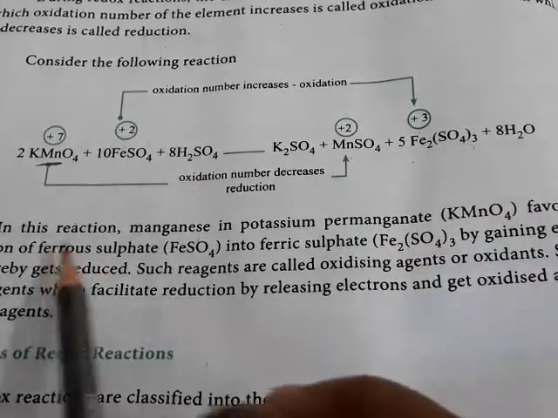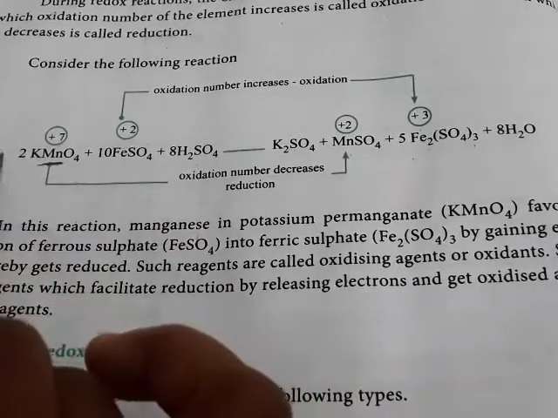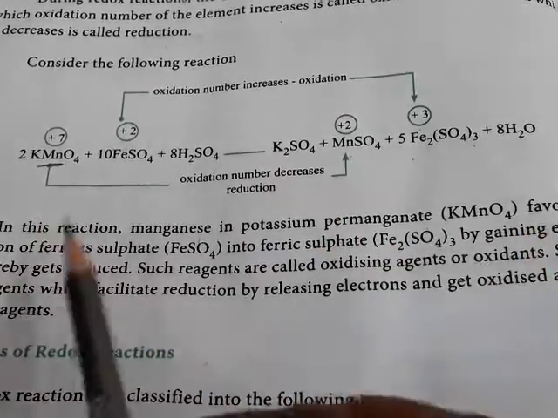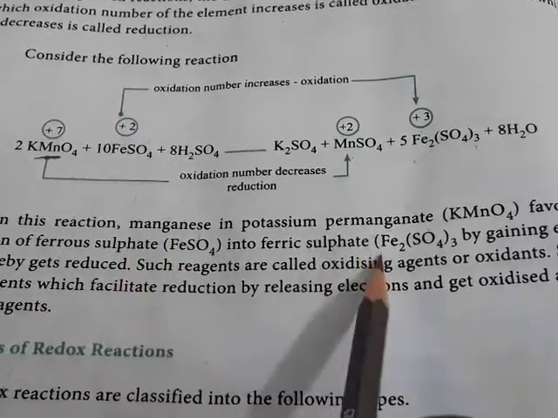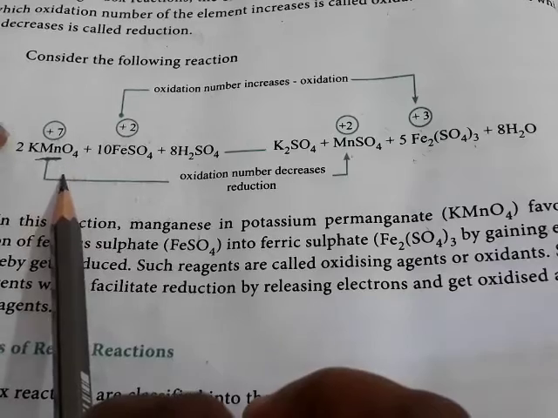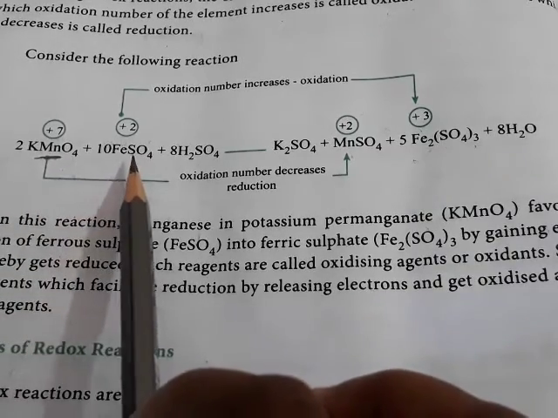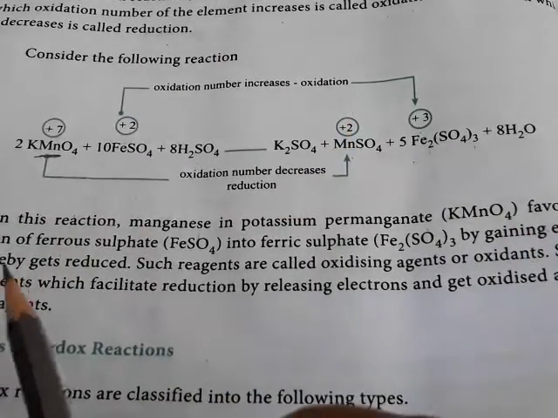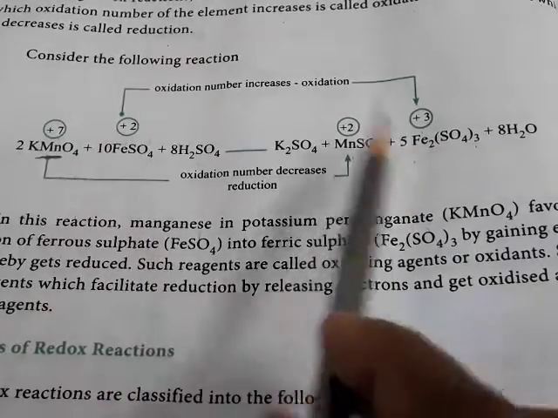In this reaction, the manganese in potassium permanganate KMnO4 helps the oxidation of ferrous sulfate to ferric sulfate. The ferrous sulfate changes into ferric sulfate, and the manganese gains electrons, so reduction takes place.